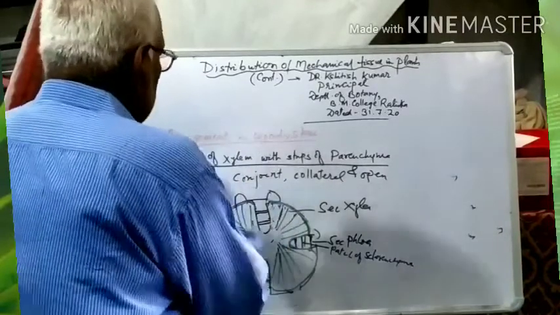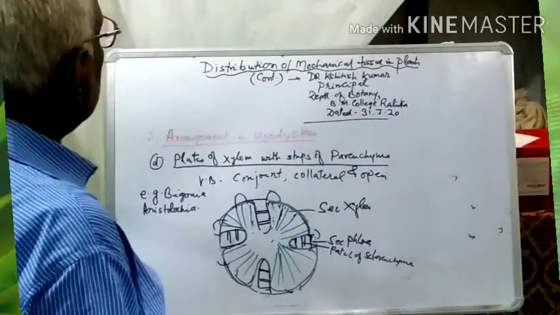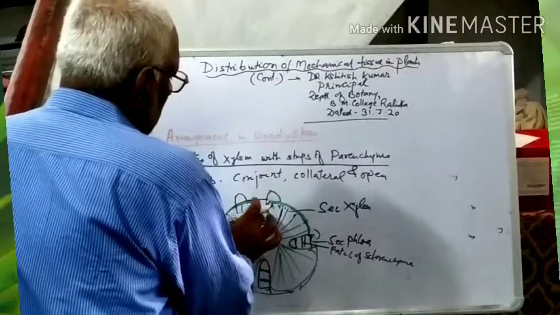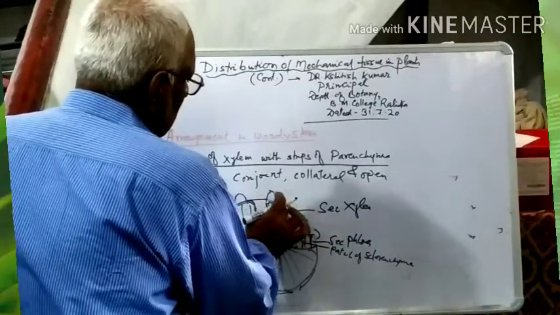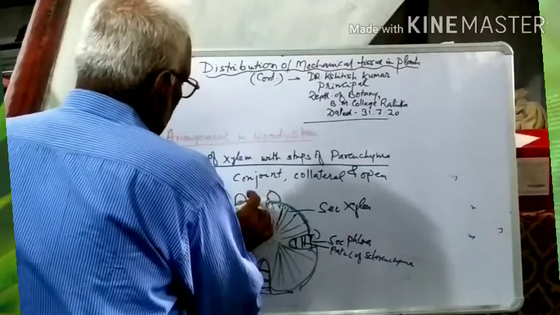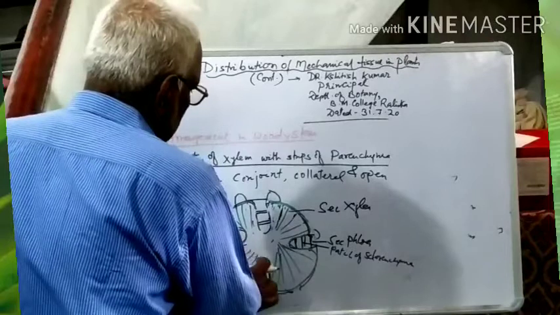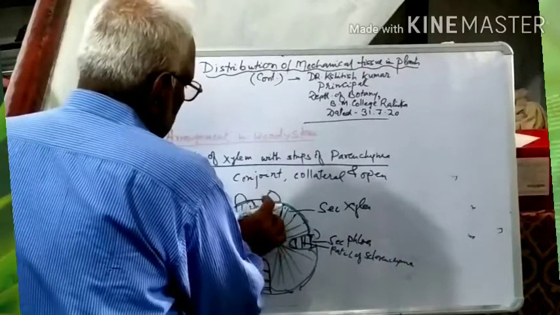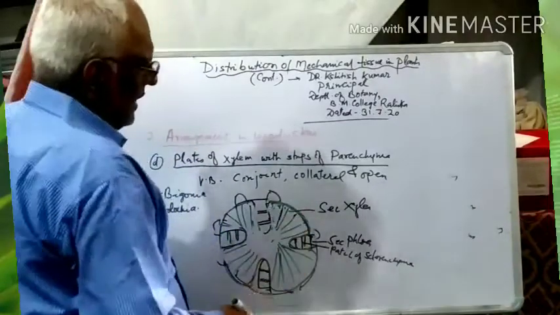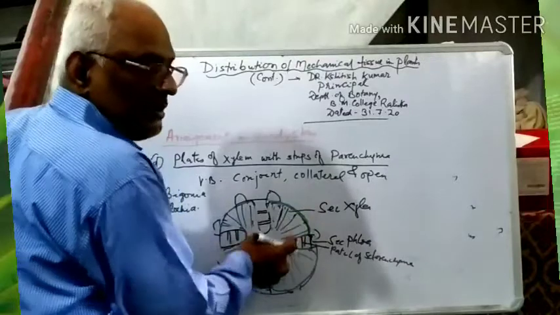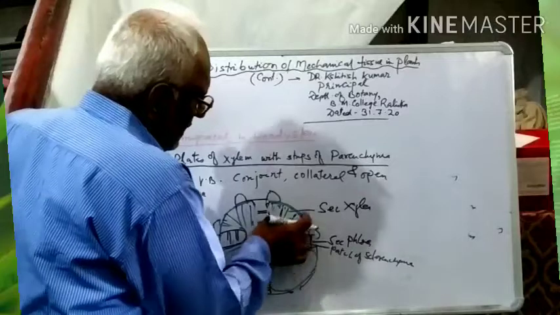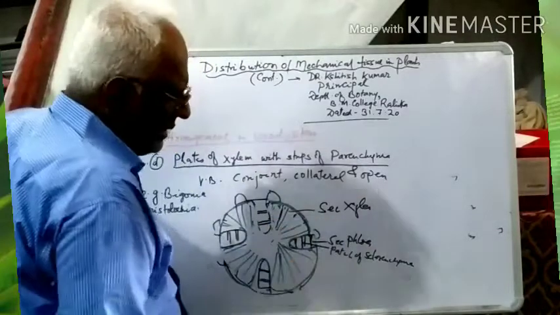These are special types of arrangements in which plates of xylem look like a wheel at the four places; it forms a wheel-like structure here. These are the secondary xylem. In the secondary xylem there are plates of parenchymatous cells that are cut by the cambium during the secondary growth.